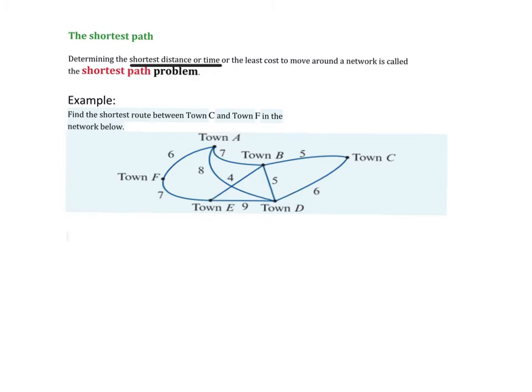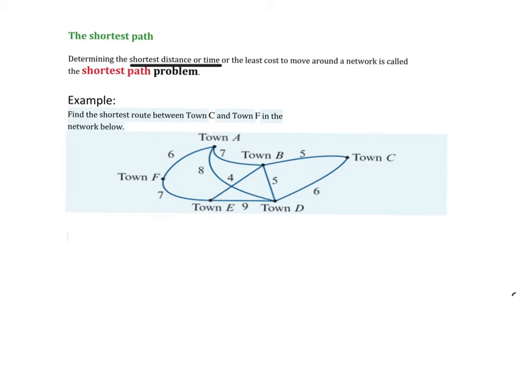The shortest path of a network is the shortest distance or time that it takes to move around that network. So looking at this example here, it says find the shortest route between town C and town F in the network below. Well, let's look at our options.